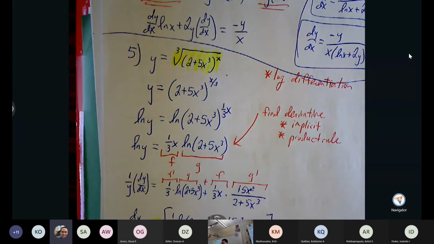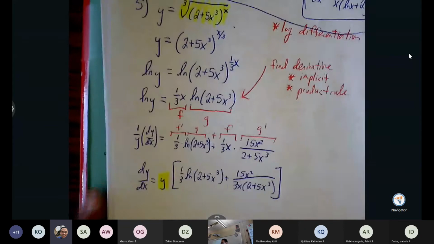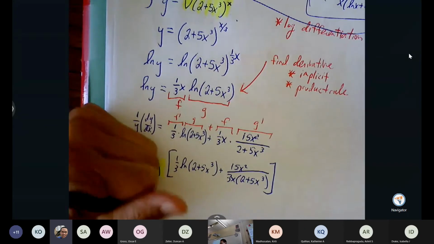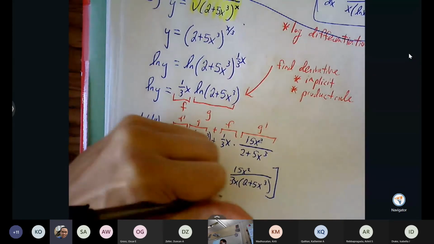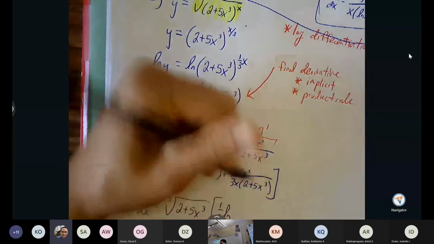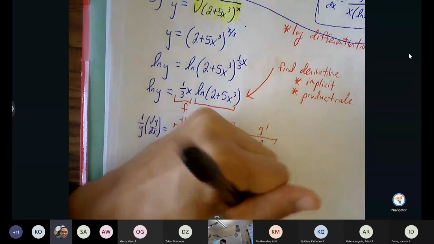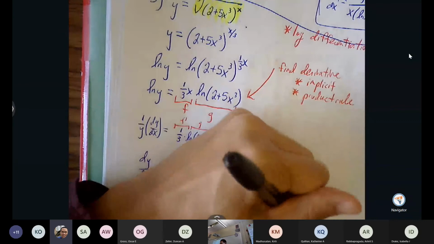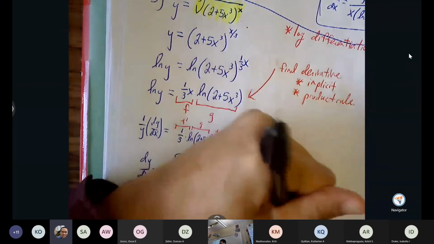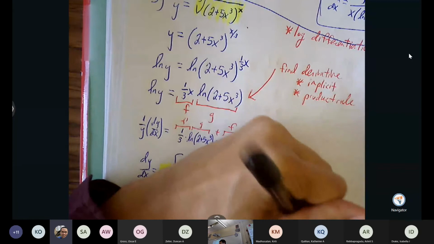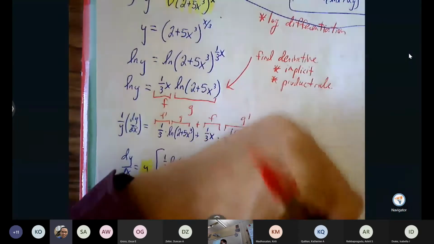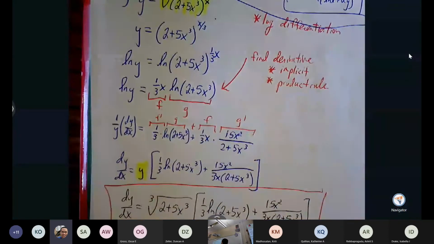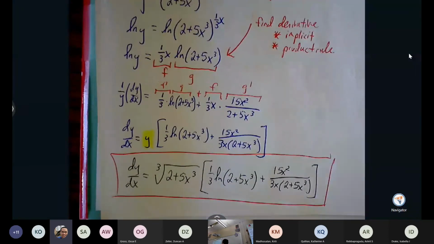The y is kind of like a placeholder until we can represent our final answer. Okay, your answer is messy, but well, we have our derivative.